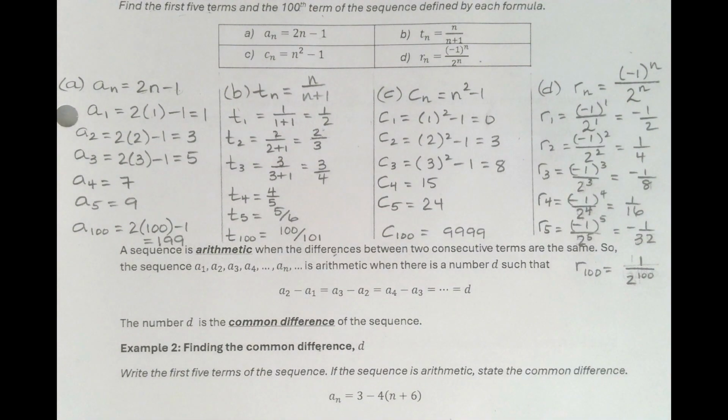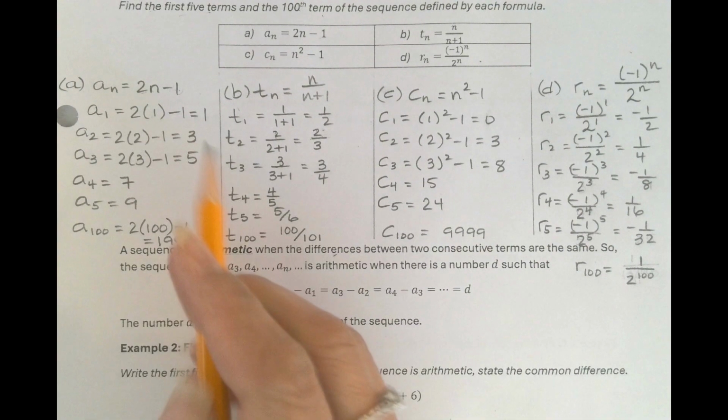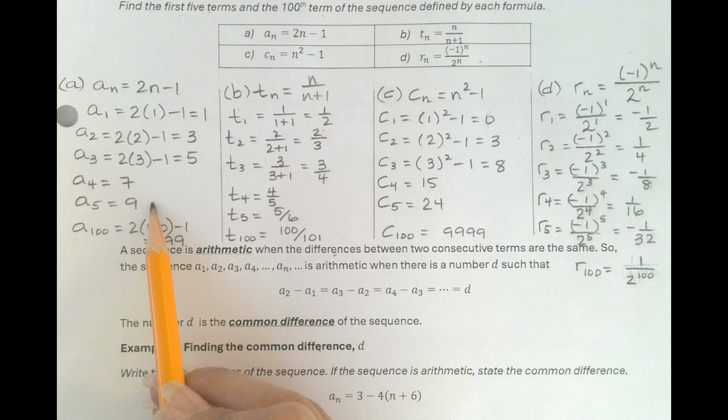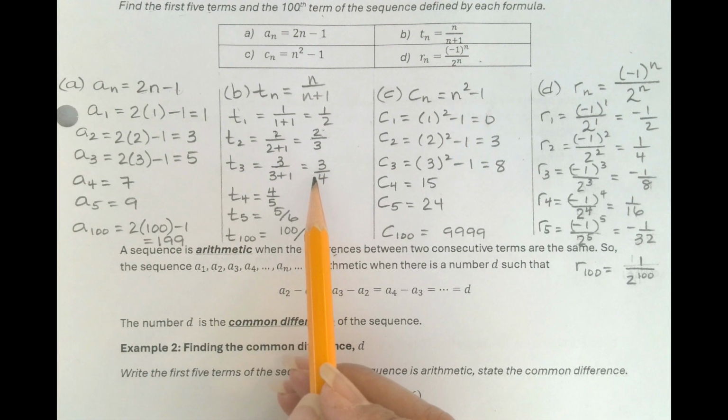All right, welcome back. Check your answers against the answer key being provided. So sequences can have different types of patterns occurring. Notice that in part A, they were consistently increasing by 2. Over here, the pattern wasn't an adding type pattern.